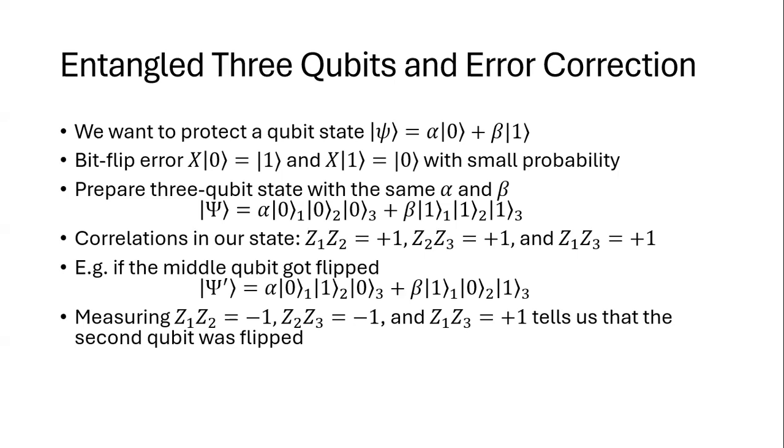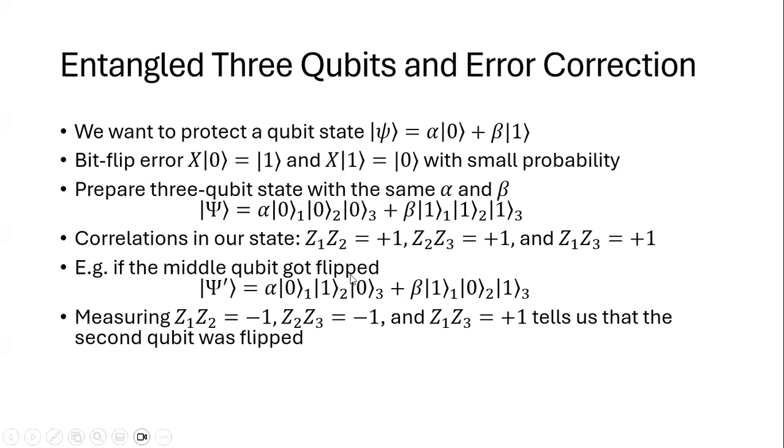And from here, we can conclude that qubit 2 must have been the one with an error, right? Just to confirm that, if you measure the parity of qubit 1 and qubit 3, you'll find them to be +1, meaning that they are parallel, which is how they were originally. So nothing happened to qubits 1 and 3. Just by measuring the correlations, we can infer that qubit 2 was the one that got flipped.